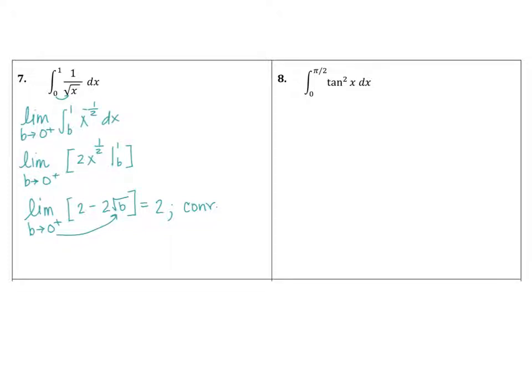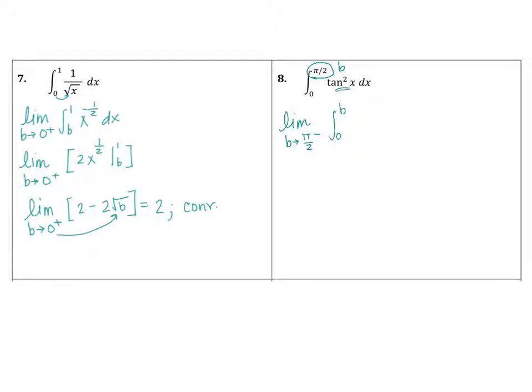Right, number 8, this is going to go back to having the idea that pi over 2, tangent at pi over 2, that's going to be talking about an asymptote. So I do need to change out that value and let that be, let's call it b. So I'm going to look at the limit as b approaches pi over 2, and this is going to come in from the left of the integral from 0 to b.